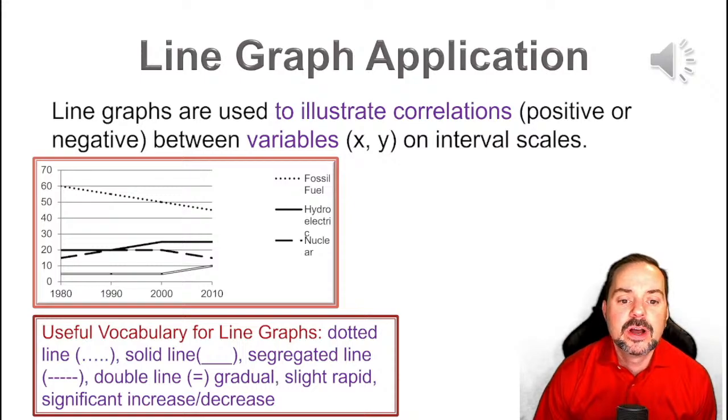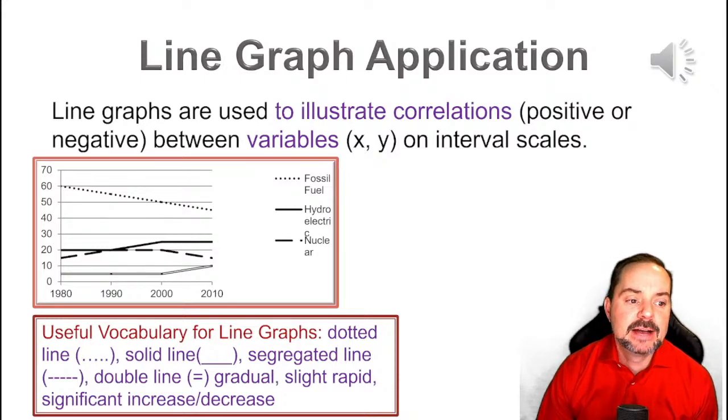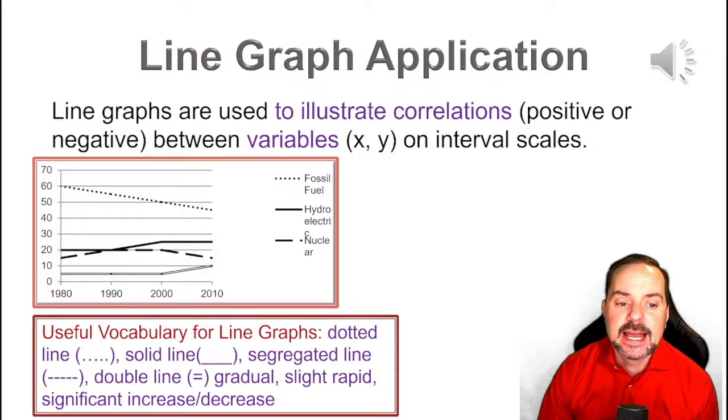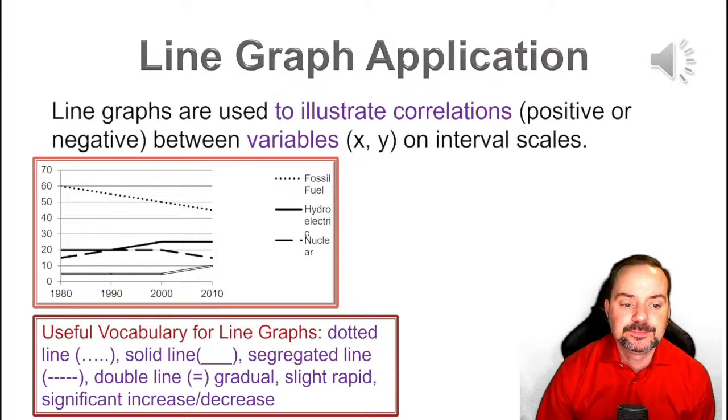So here, for instance, we have this dotted line, fossil fuels. Here we have, let's say, liters or something, and then here we have years. It is showing a negative correlation because it's going downwards. On the other hand, hydroelectric power is showing a positive correlation because it's going upwards. So that's what line graphs are used for.